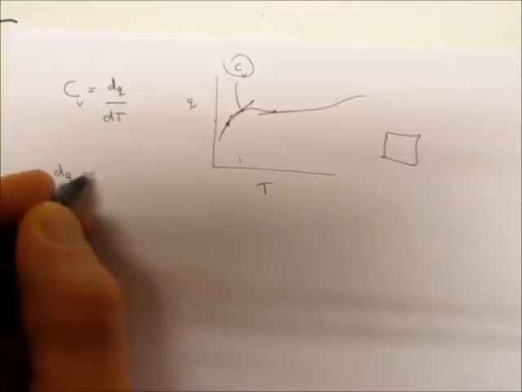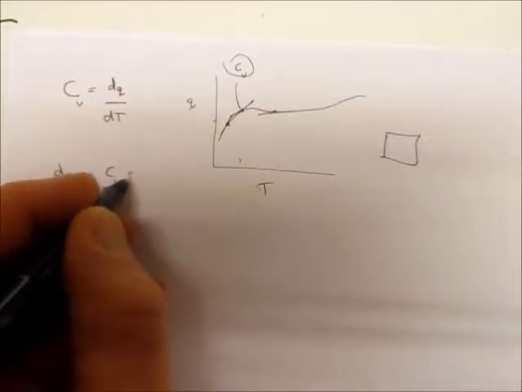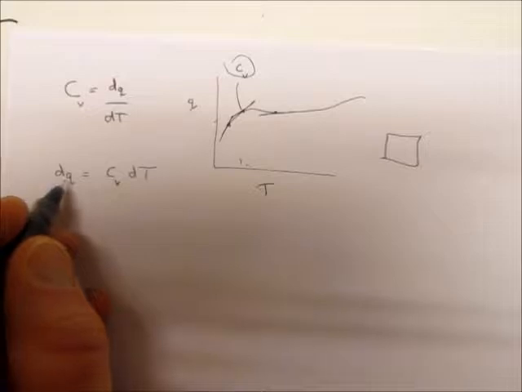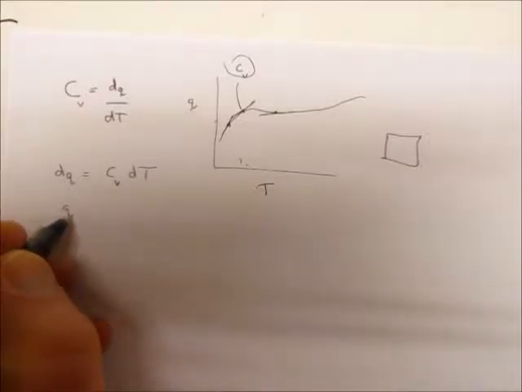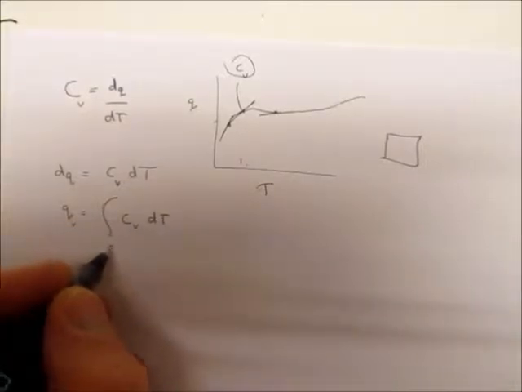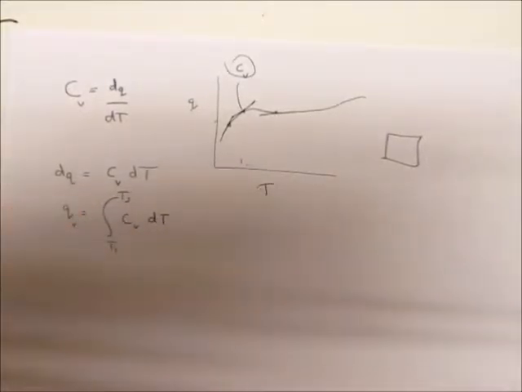You could get dq equals C, in our case for a steel box, looks like this. Integrate this. It's path dependent, so there's no such thing as delta Q when you integrate. It's just the value of Q over the path, which was the constant volume process for us here. And we would integrate that from T1 to T2.